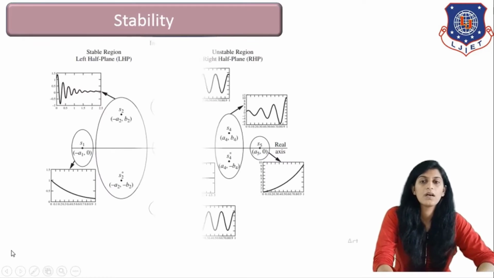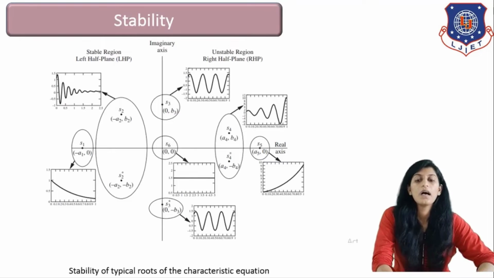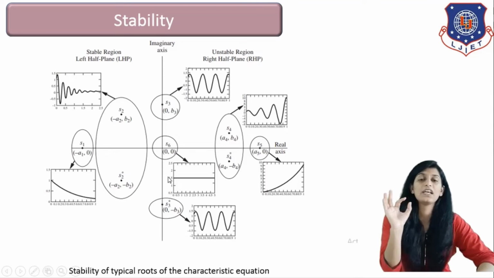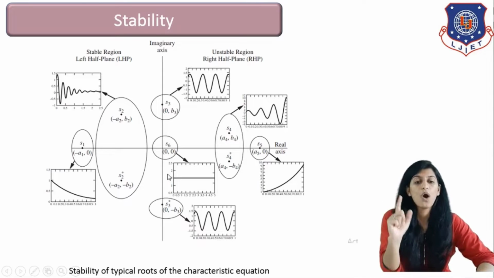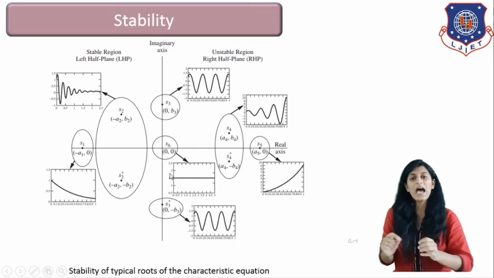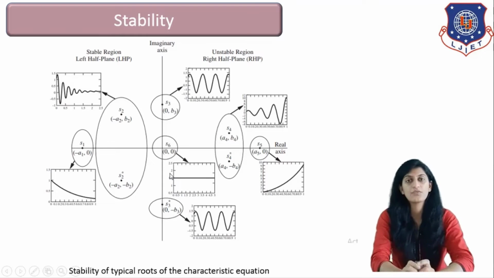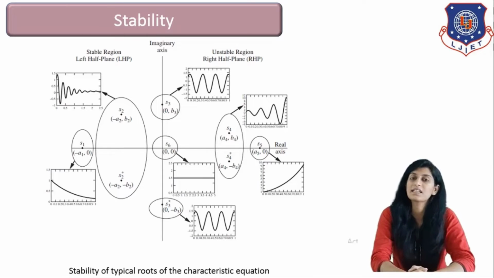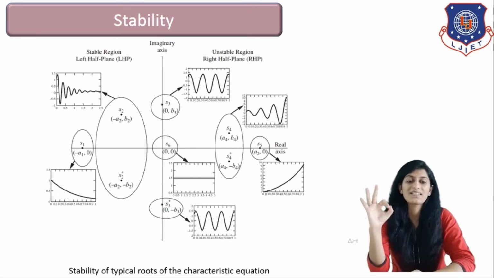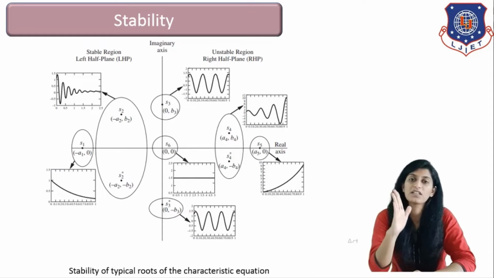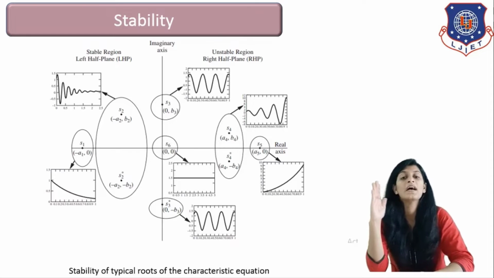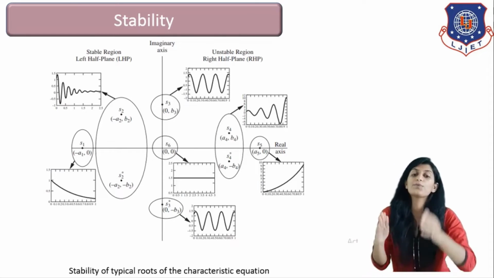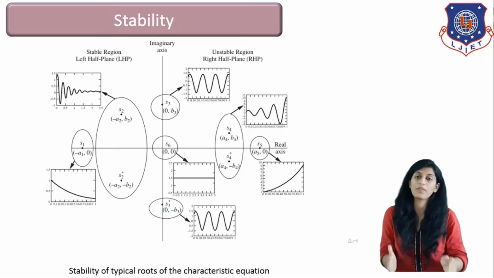This is basically a criterion for determining the stability of any given system. With the help of a transfer function, we determine a characteristic equation. What is a transfer function? A transfer function is a relation between the input of a given system and the output of that system.